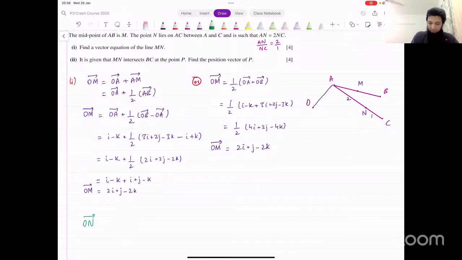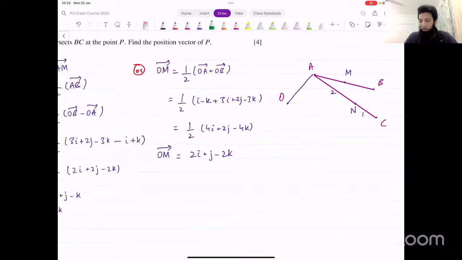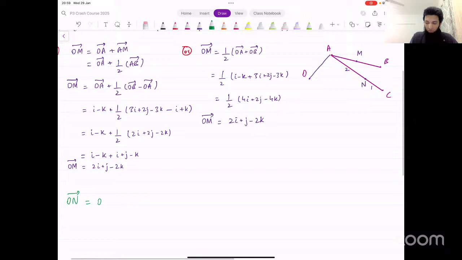So we need to start from O and end at N. We can use this diagram for that first of all. How do we go from O to N? We can go from O to A first of all. So we can say ON vector is equal to OA plus AN. That's one idea that we could use here.